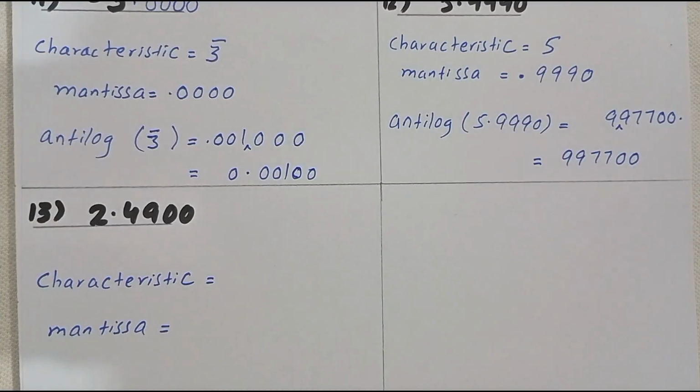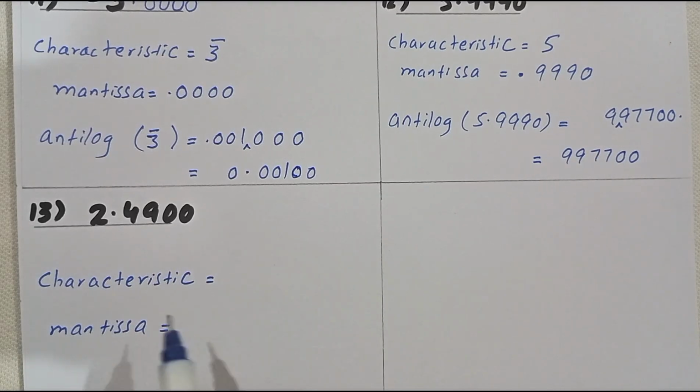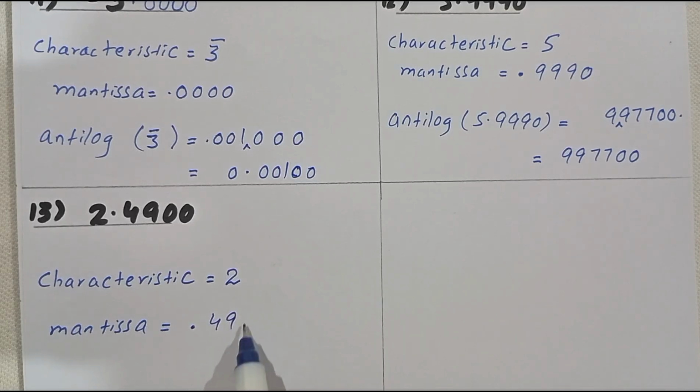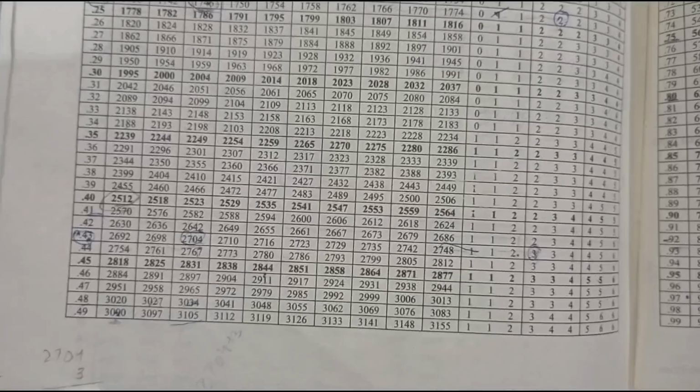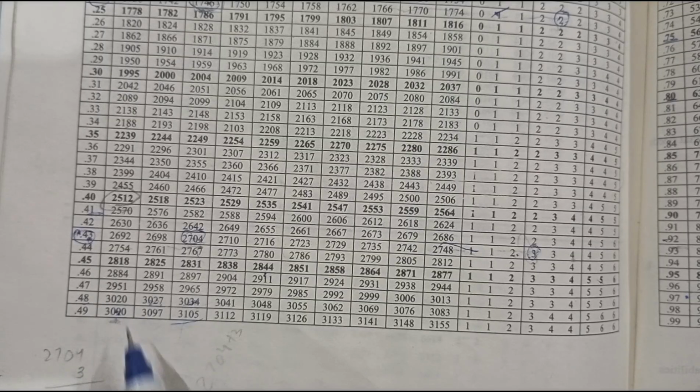In 13 part, antilog of 2.4900. In this number, characteristic is 2 and mantissa is 0.4900. So we have to look in antilog table value of 0.49 in 0 and add the value of 0 column. So in antilog table, the value of 0.49 in 0 is 3090.